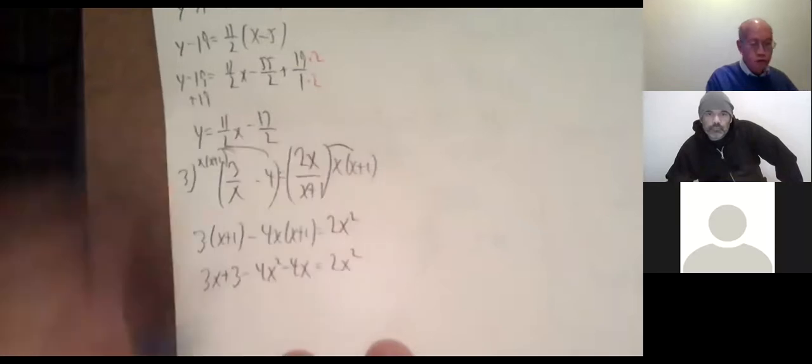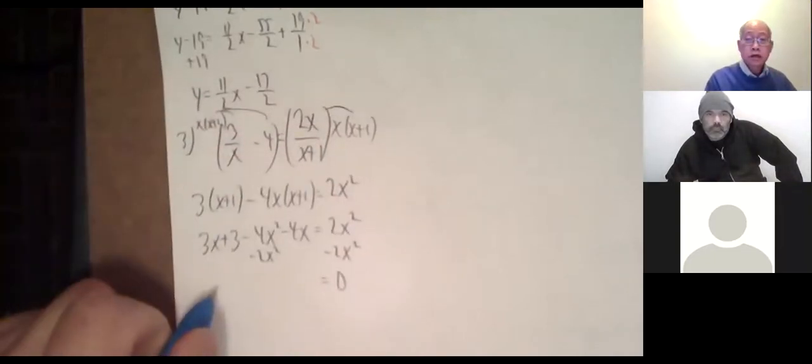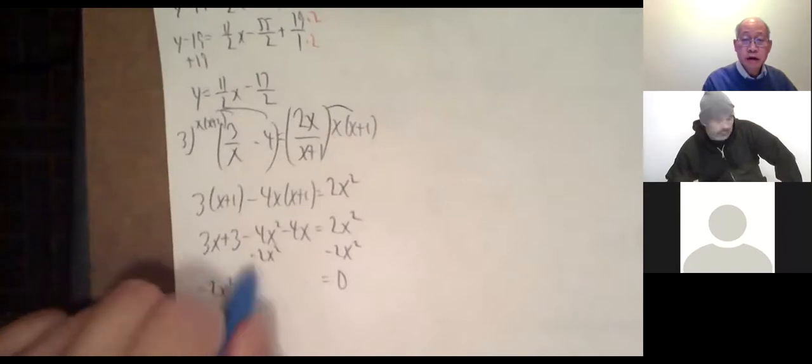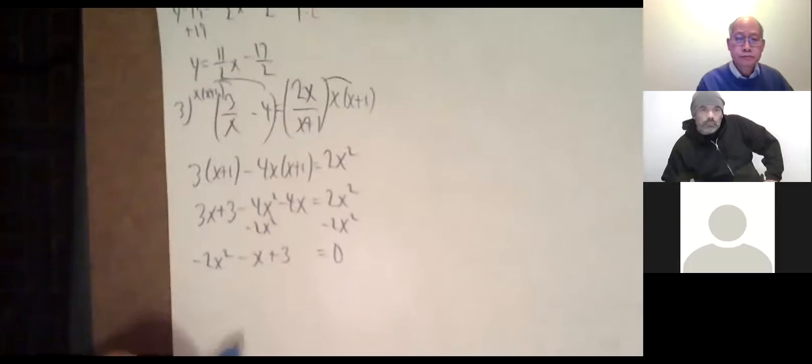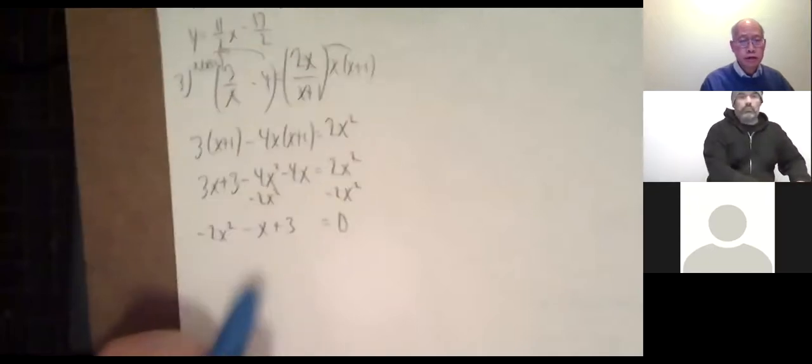3x plus 3 minus 4x squared minus 4x equals 2x squared. Subtract 2x squared, subtract 2x squared. So that gives me negative 2x squared. And let's see, minus x plus 3. Negative 2x squared. 3x minus 4x is minus x, and plus 3. Okay.